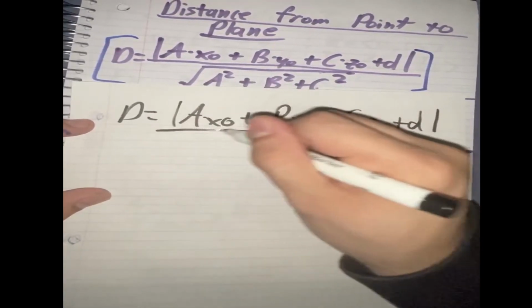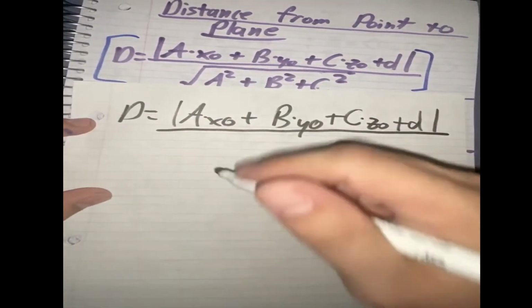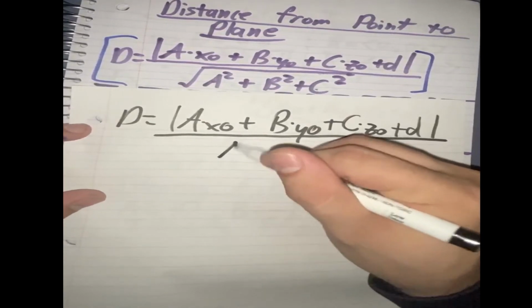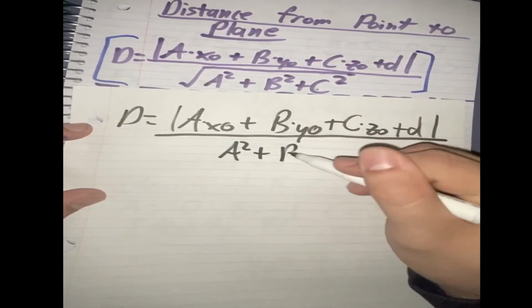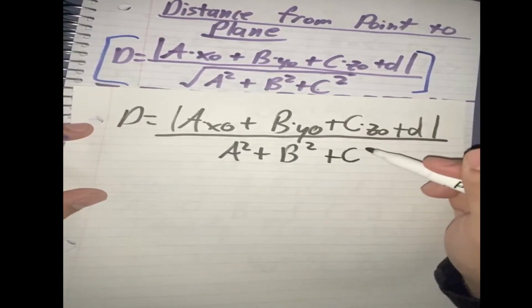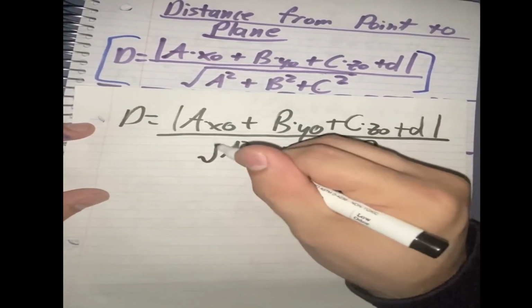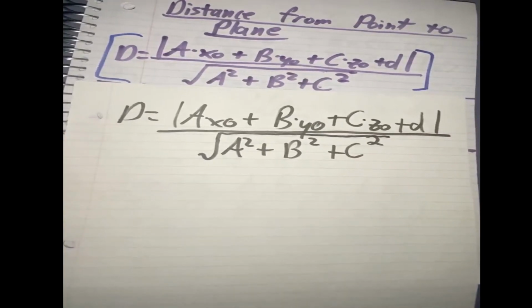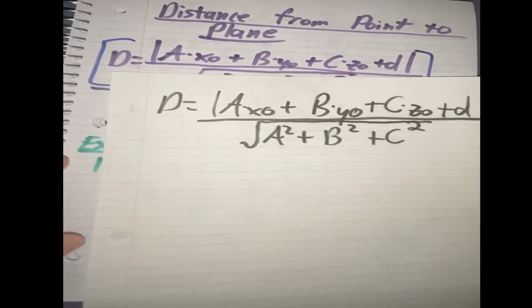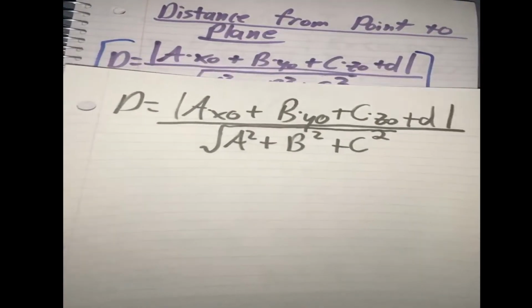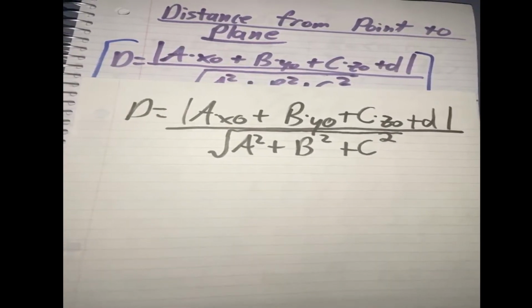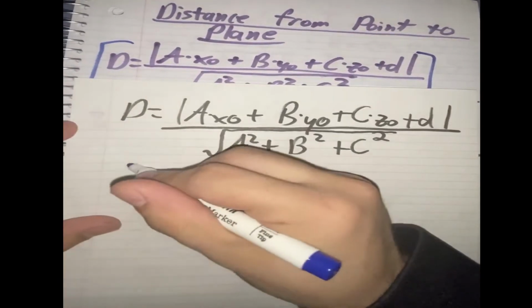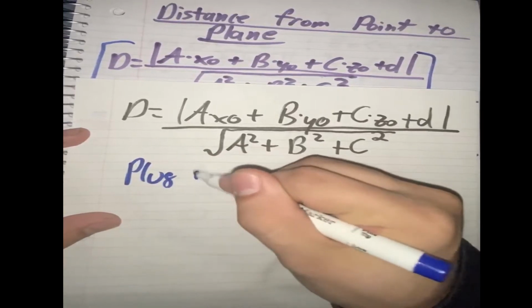I put this bar right here to indicate absolute value. Alright, so now that we have the formula, the next step would be to plug these variables into the formula.